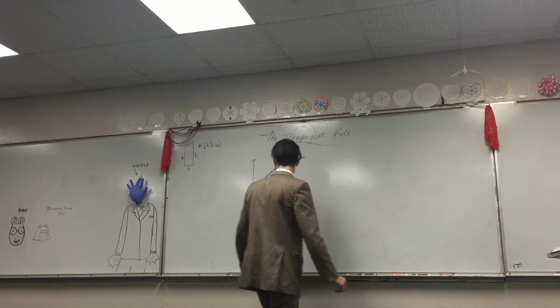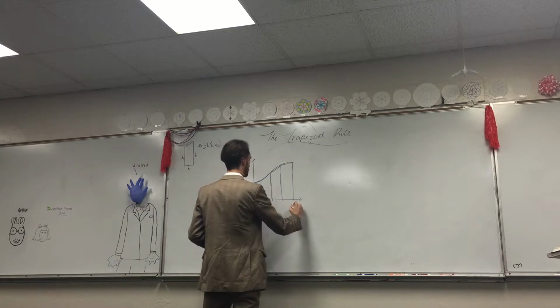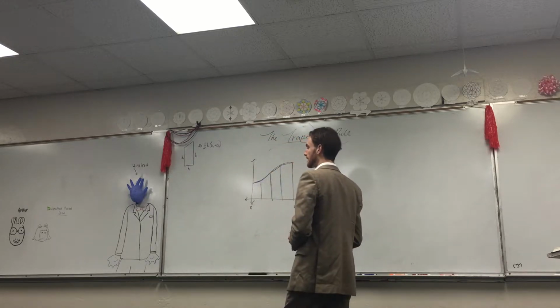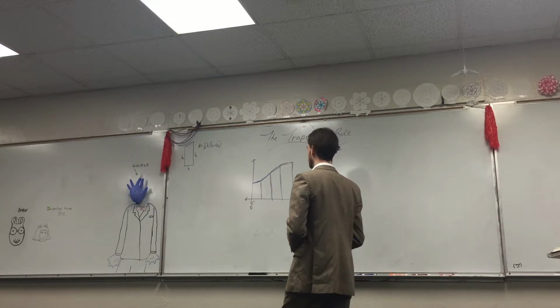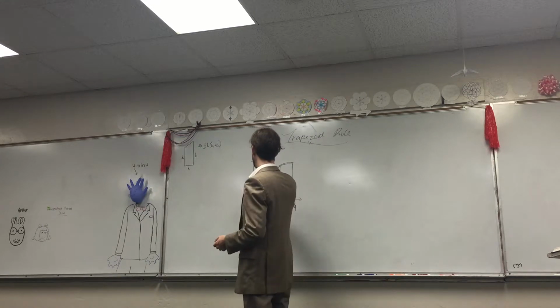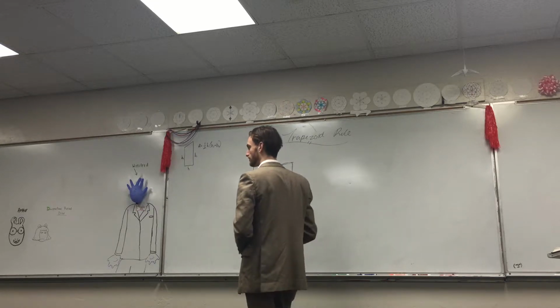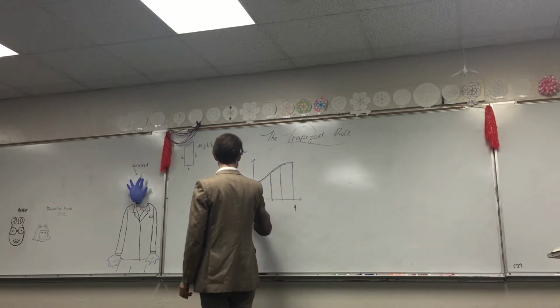Okay, so I'm going from 0 to 4 as my interval, let's say, and I have 4 rectangles. Okay, so how I find the area of a trapezoid is I multiply 1/2 times this multiplied by this times this, right? And H would be the interval over number of rectangles.